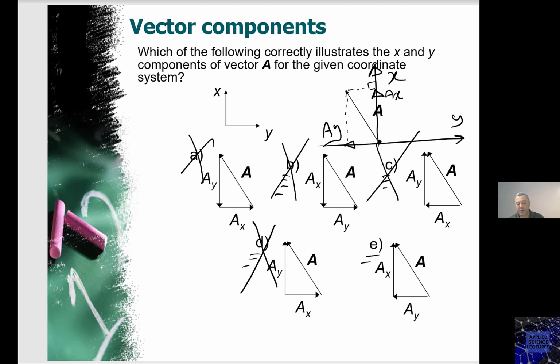So AX is pointing up, AY is pointing to the left. And don't forget that the projections of a vector are the components that, if you add them, should give you the vector.